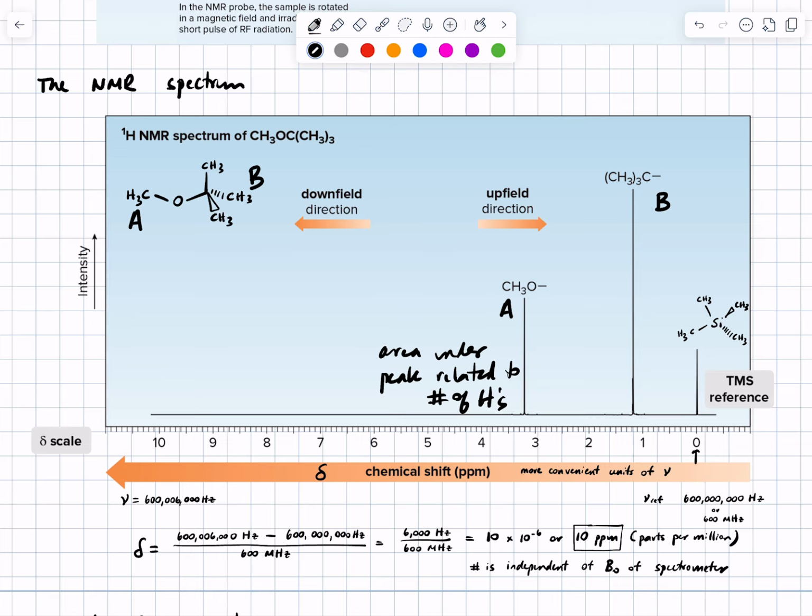And therefore, if you measure the area under the peak, you would expect those to be present in a 1:3 ratio. Okay, right. So that's quantitative information about the relative number of protons represented by each peak. Now, so far I haven't given you enough information that you could totally figure out the structure on your own. We're going to do more of that in a little bit, but the other thing I want you to pay attention to is the frequency at which the protons absorb.